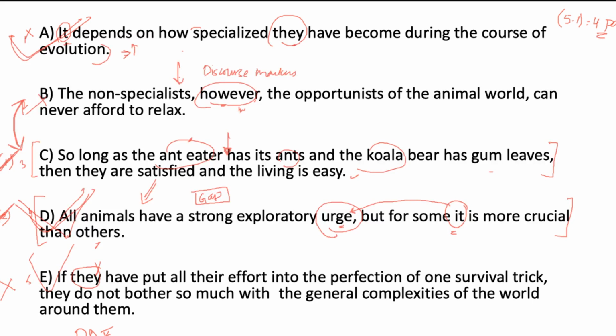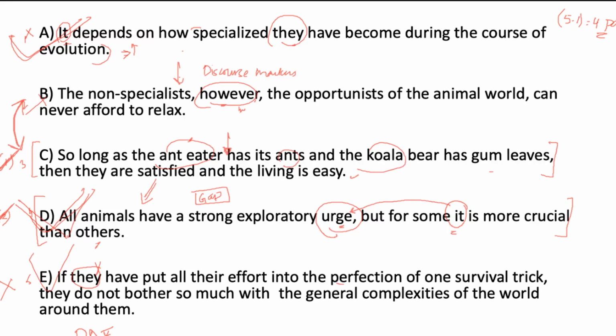So let's have a look at this. If they have put in all their efforts into perfection of one survival trick, they do not bother so much with the general complexities of the world around them. Yep. So they're trying to get perfected, the animals. So if they are perfect in one sort of survival trick, they don't need to bother about the complexities.